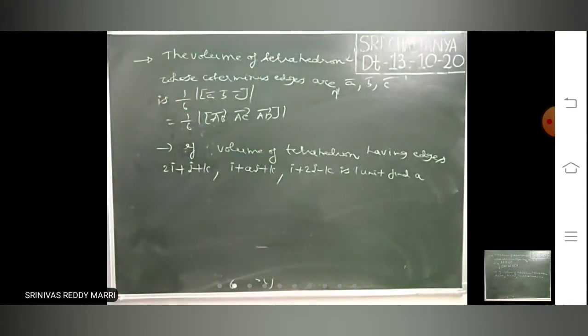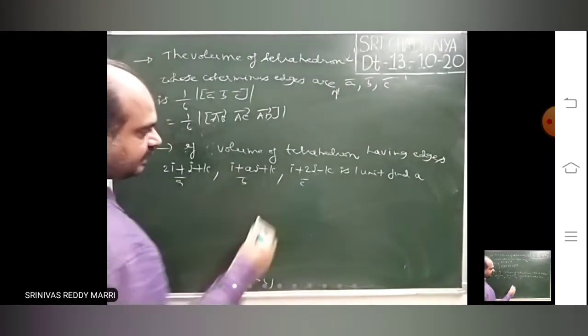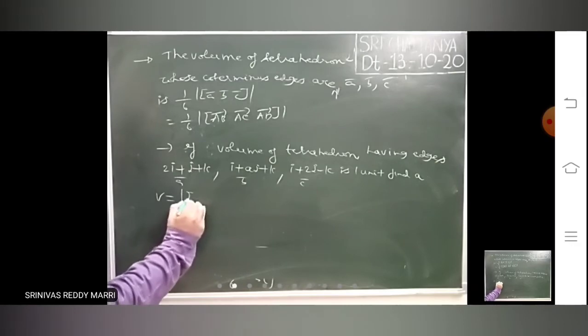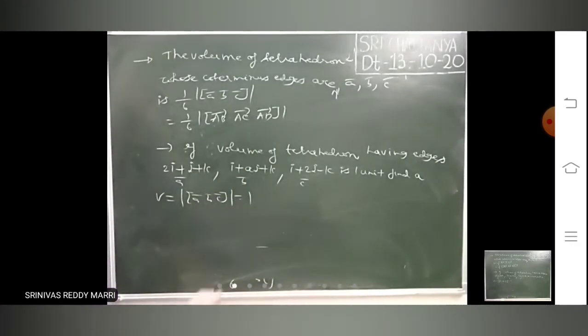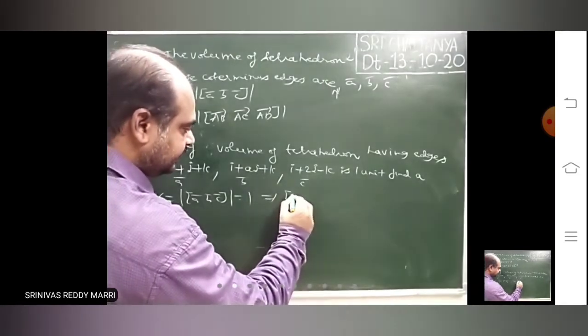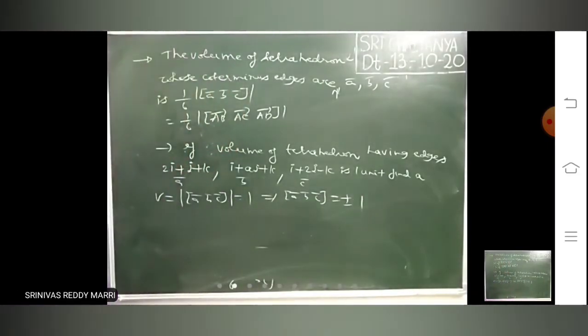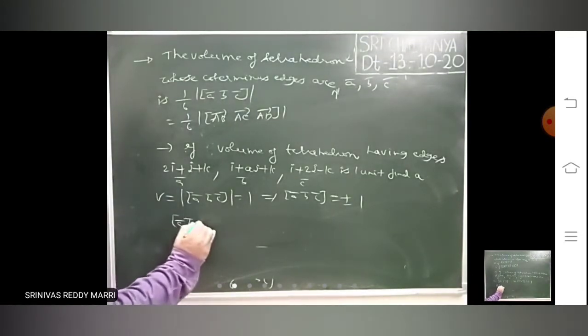Find a. So this is A bar, this is B bar, this is C bar. Volume is nothing but modulus box of A bar, B bar, C bar. This is given as 1, so box ABC is plus or minus 1. I am calculating.